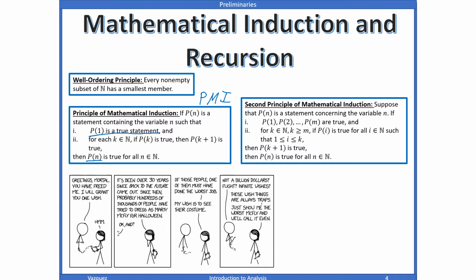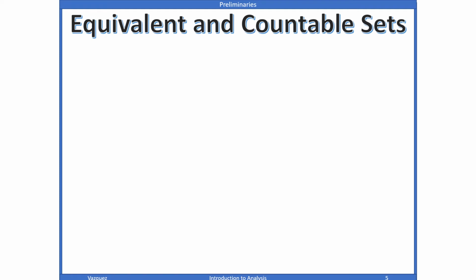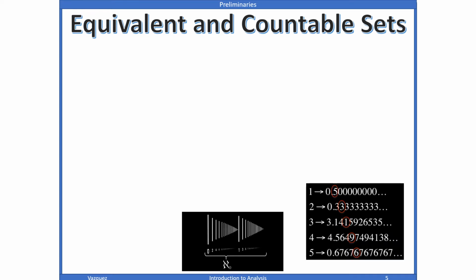The next thing we should know is equivalent and countable sets. This you may not have gone over too much. Not a difficult concept, but I put these images first, see if you recognize this.